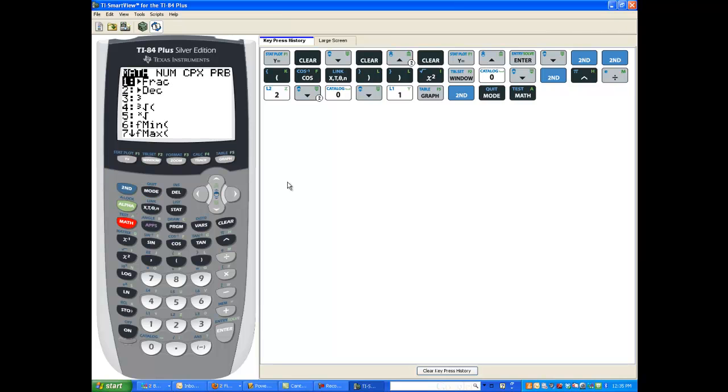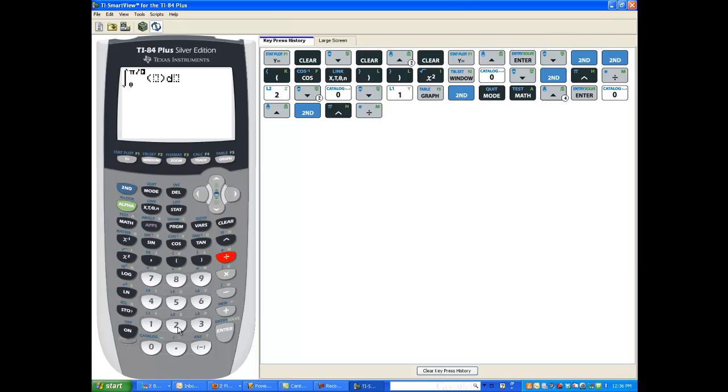Remember, I can go to math, and if I go down to fnInt, just like this, all right, this is always kind of cool. I'm going to go from 0 up to second pi divided by 2. Now this is where you have to be a little bit careful, because we're going to have to insert extra parentheses.